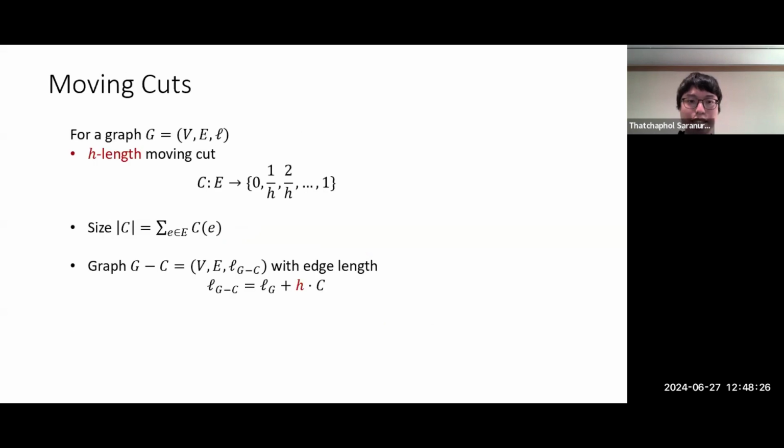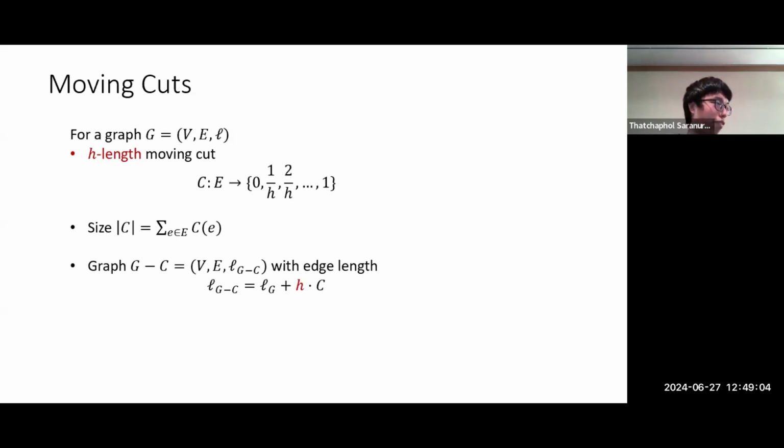Okay, good. Let's recap some definitions about moving cuts. In a graph, an h-length moving cut is a function that assigns each edge a cut value, which is a multiple of 1 over h, like 0, 1 over h, 2 over h, and so on, up to 1. The size of this cut is the summation of the cut values over all the edges. The graph G minus C is the graph after applying this cut on G, which is basically the same graph but with different edge lengths.